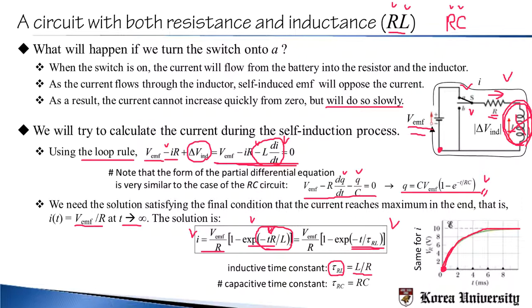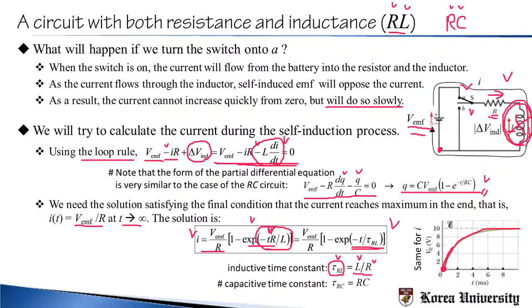What it means is that if this time constant is very large, then it will take a long time to become saturated, right? This time constant, which is called the inductive time constant, is proportional to the inductance and inversely proportional to the resistance. Why? If the inductance is large, then the opposition will be stronger, so the change will happen very slowly. That is why the time becomes longer.